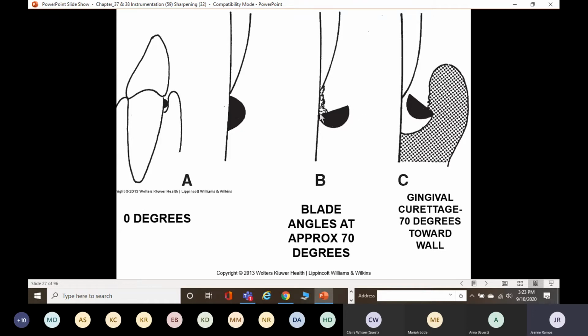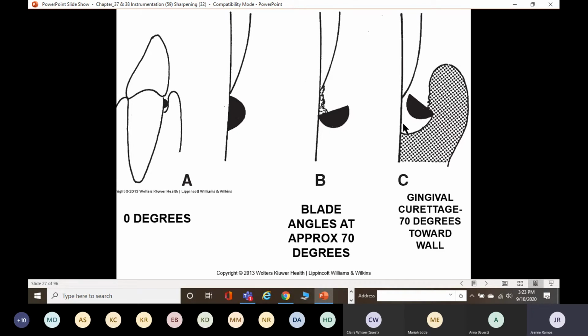You can tell this is flat across, so it's a universal. And there's a cutting edge here and here. So with one edge, you would take the calculus off, and then with the other edge, you would just slightly go up. This looks like you're scooping up a lot of their tissue, and it would really hurt, but it isn't that way.